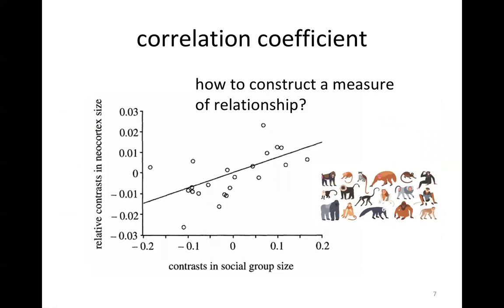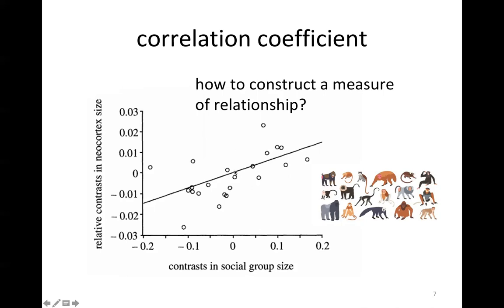So we said we can come up with a measure that captures how related two numeric variables are. And what kind of measure, if I asked you to construct such a statistic, what kind of approach would you use?